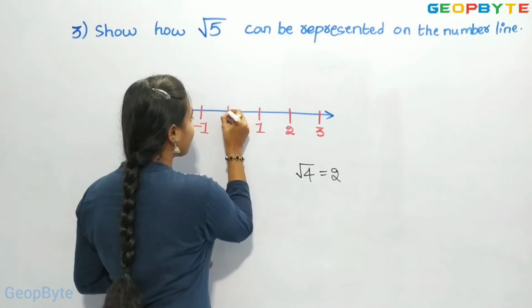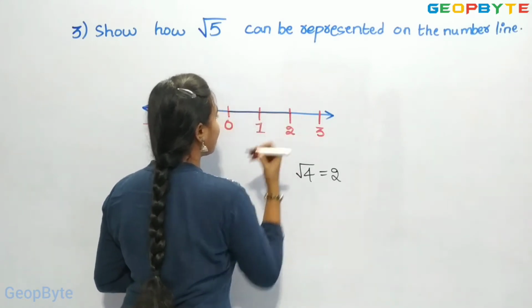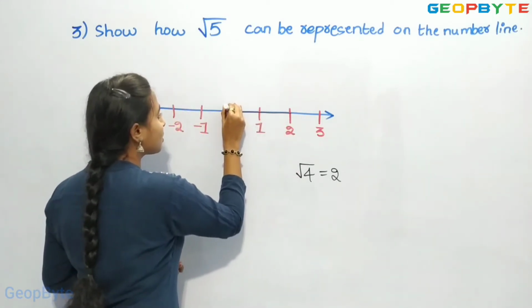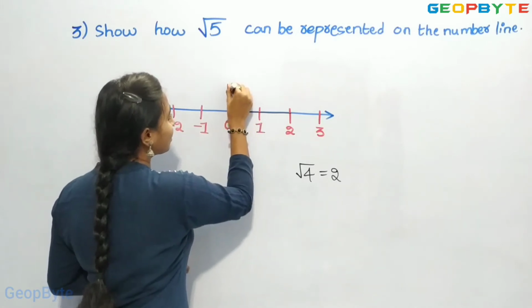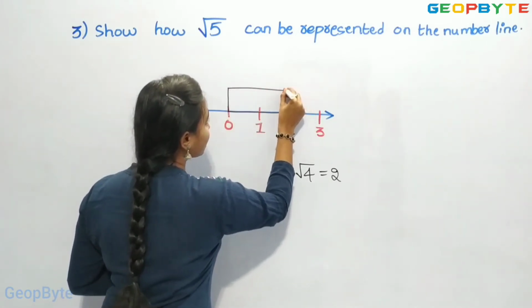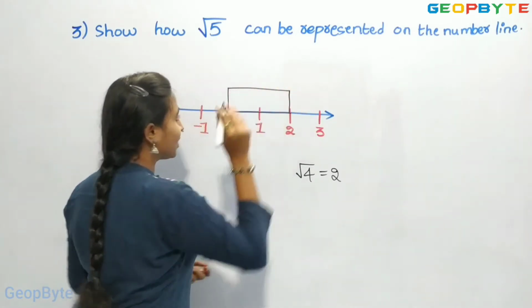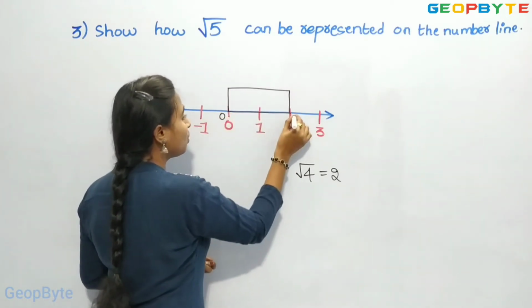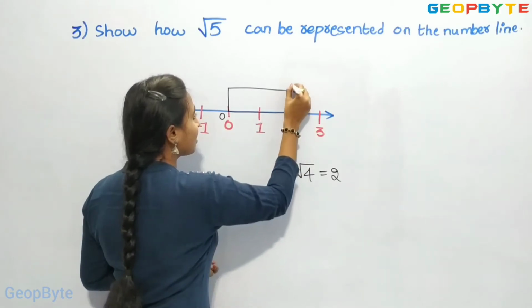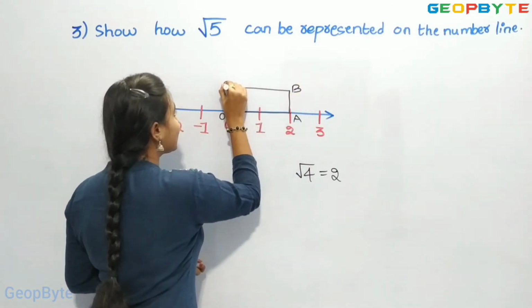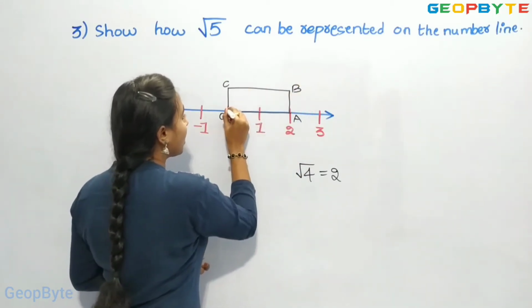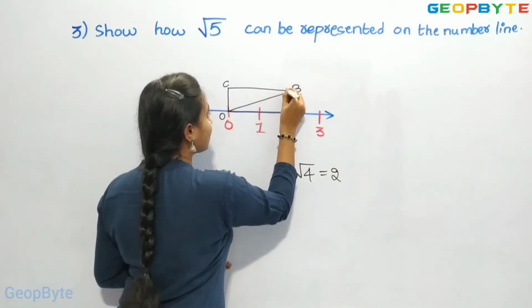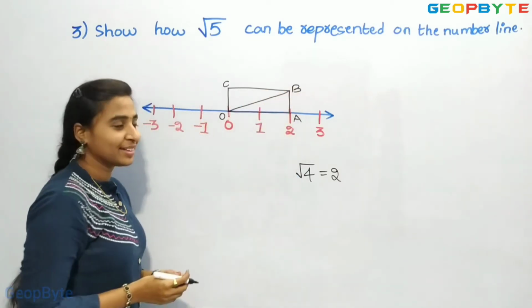So, 2 units, 1 unit, 2 units and 1 unit. So, this is my rectangle O, A, B and C. Now, let us join this line.